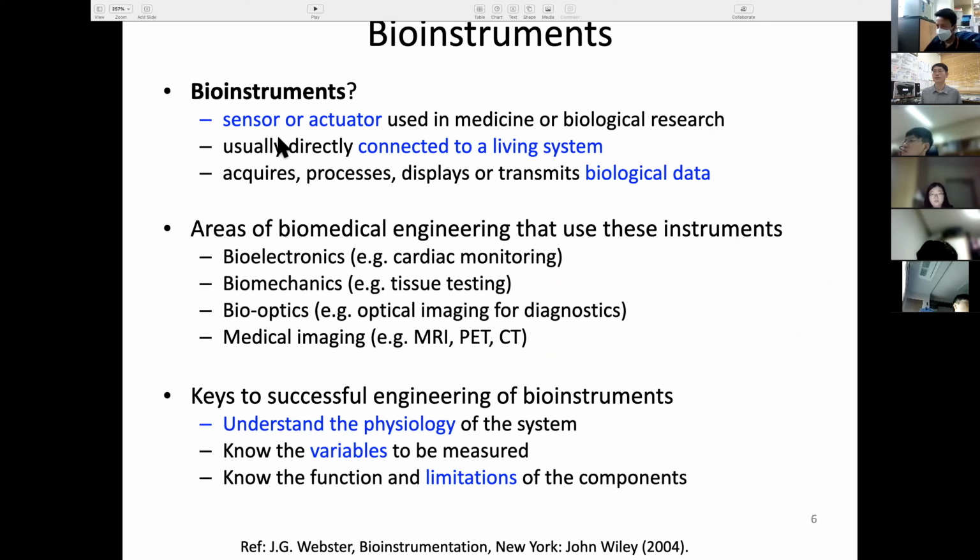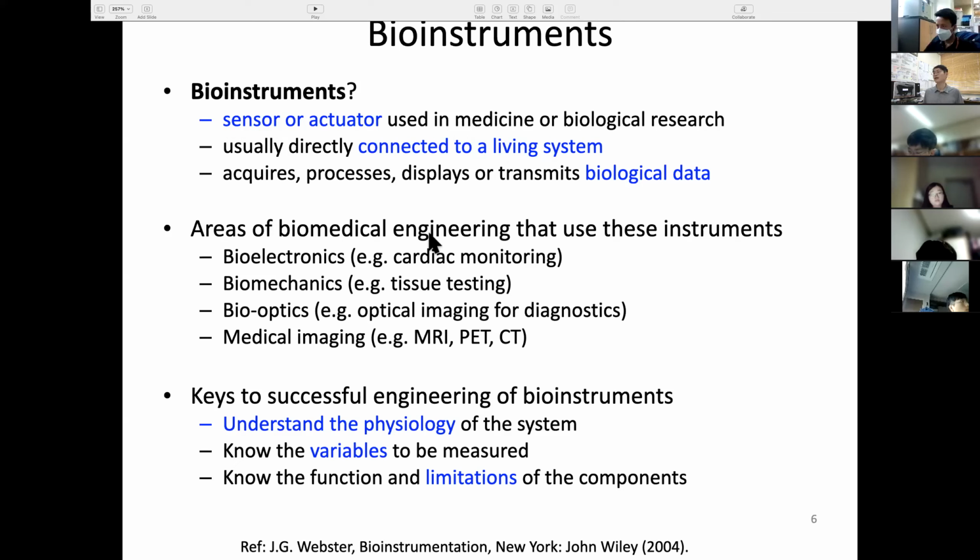Because you know what instruments means, and because it has "bio," it usually means that it's connected to a living system. So bioinstruments you can define as acquiring, processing, and displaying or transmitting the information of biological data.